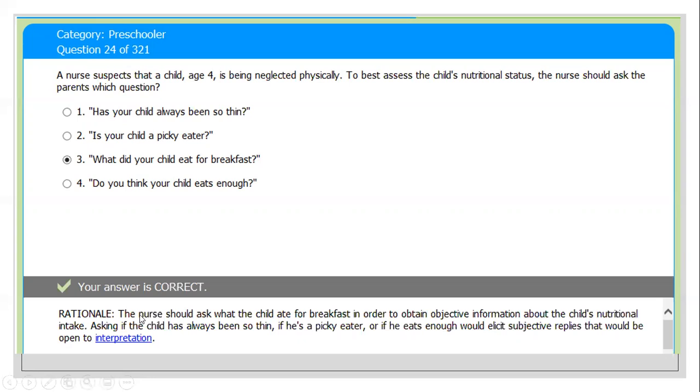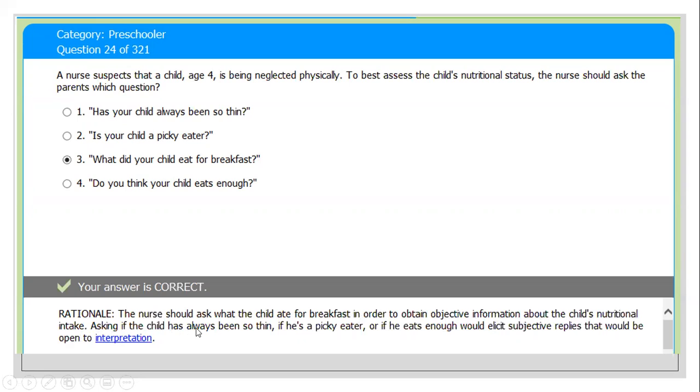The rationale said the nurse should ask what the child ate for breakfast in order to obtain objective information about the child's nutritional intake.